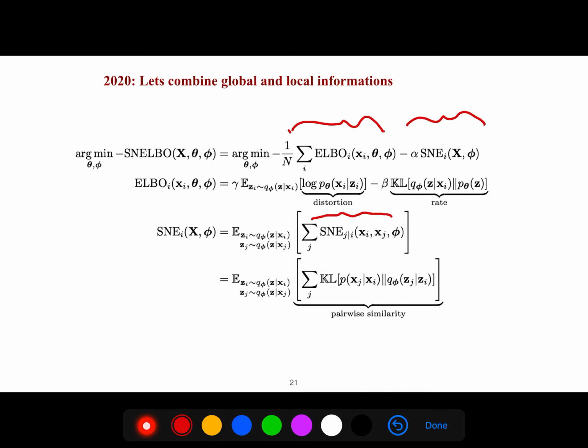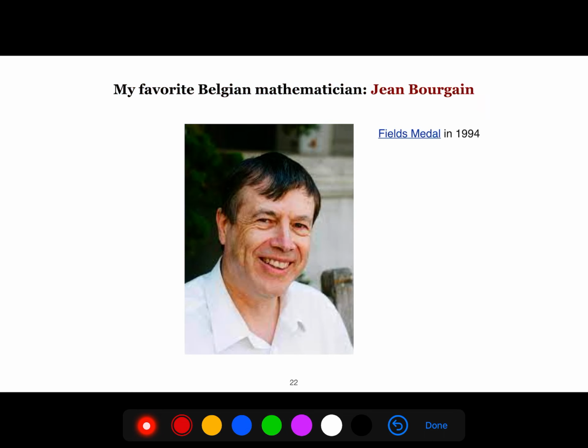And so this objective cares about local preservation, let's say, and this is the global. So it preserves the global properties. So by combining them, we hope that we can reduce that crowding problem that I explained.